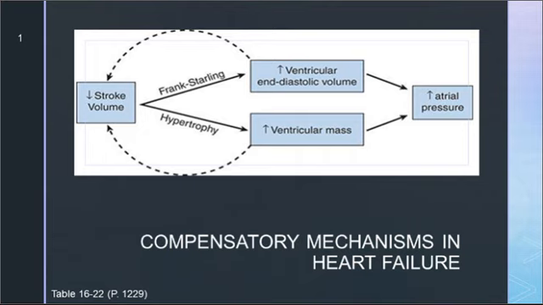Stroke volume is the volume of blood ejected each heartbeat. Your stroke volume times your heart rate equals your cardiac output. Your stroke volume is the difference between your end diastolic and end systolic volumes.